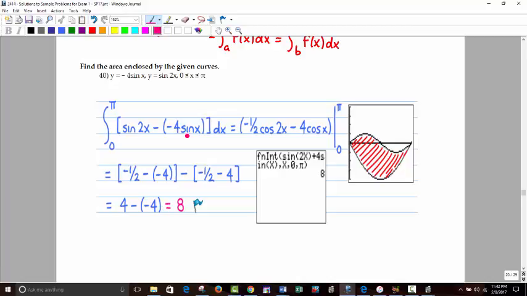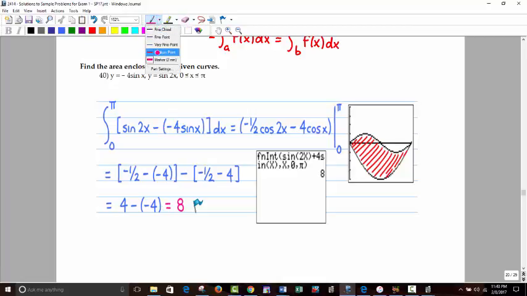Of course, another thing you could do is just do it in either order, since I'm guaranteeing there's only one region, if you get a negative answer, just change it to positive. There's the old school calculator. Here, the antiderivative of sine of 2x is negative 1/2 cos of 2x. And then minus minus here makes plus.